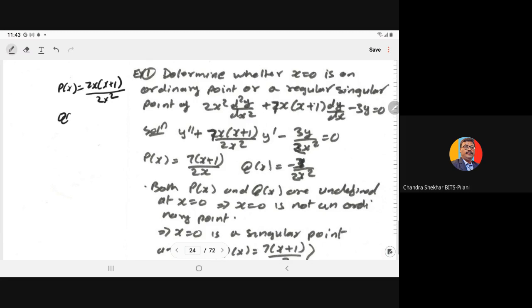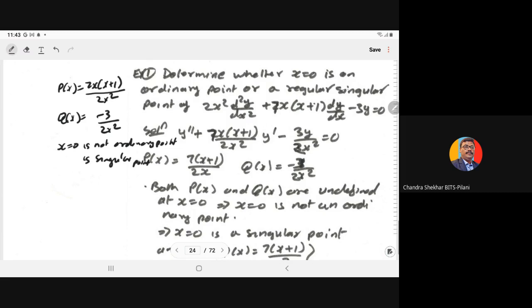And what is q(x)? Minus 3 upon 2x square. So x is equal to 0 is not an ordinary point. If it is not an ordinary point, it means it is a singular point.